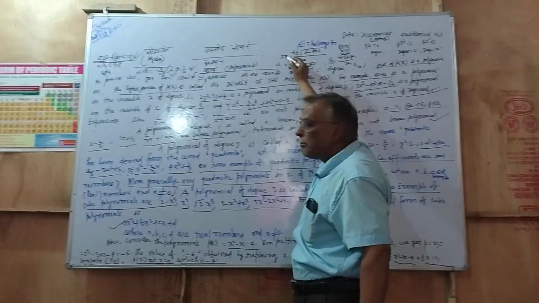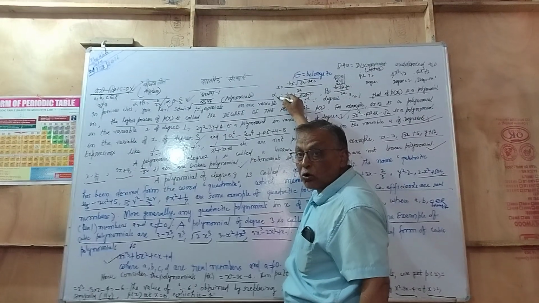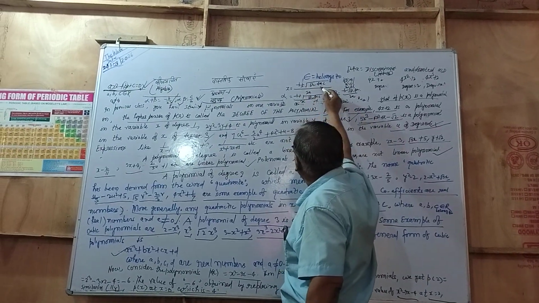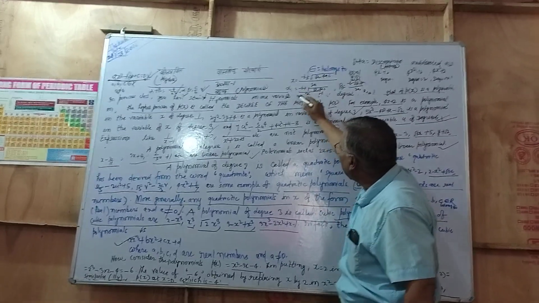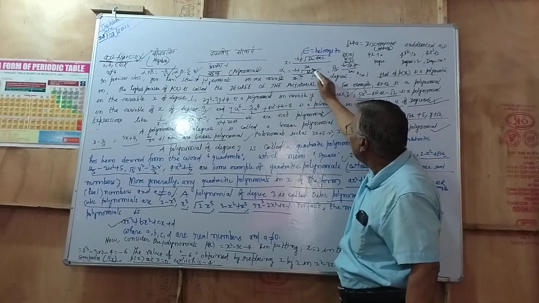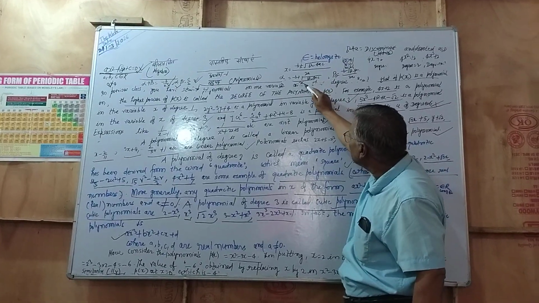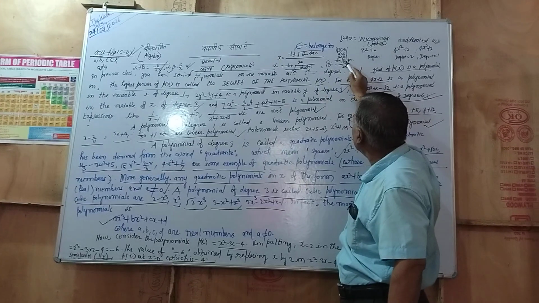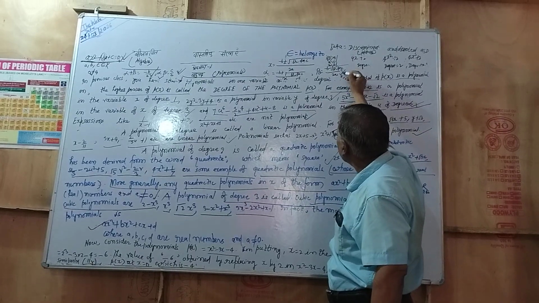And the generalized roots of x is equal to minus b plus minus root under b square minus 4ac by 2a. Or you can write it separately. If alpha is one root, then it is equal to minus b plus root under b square minus 4ac by 2a, and beta is equal to minus b minus root under b square minus 4ac by 2a.